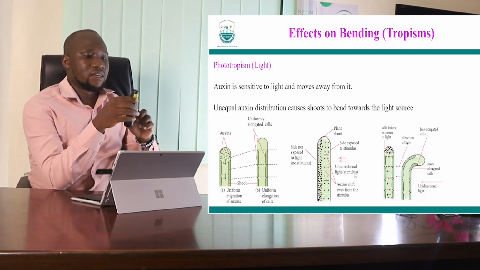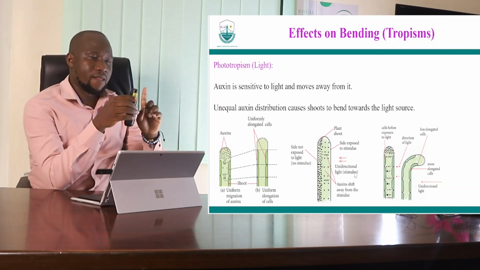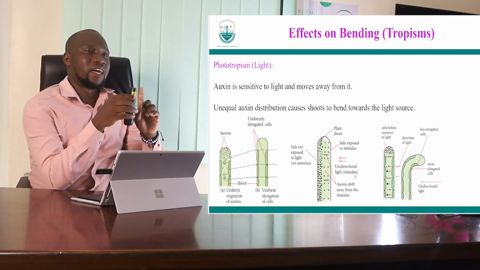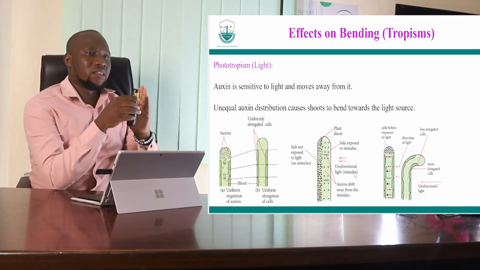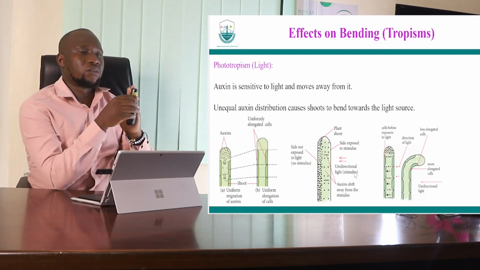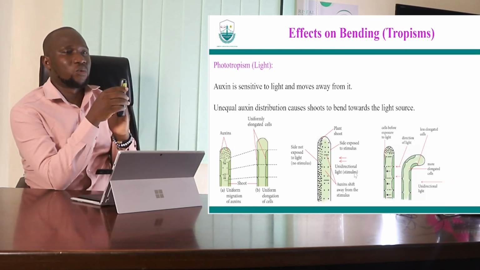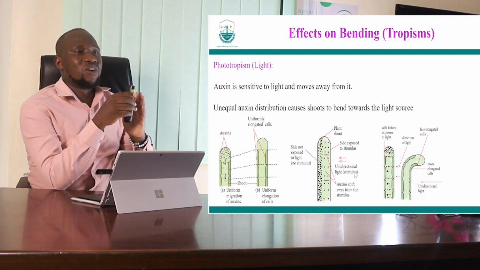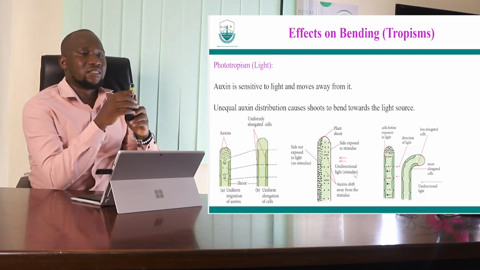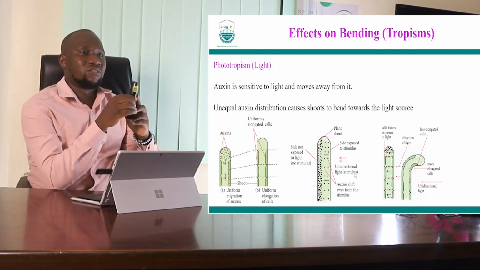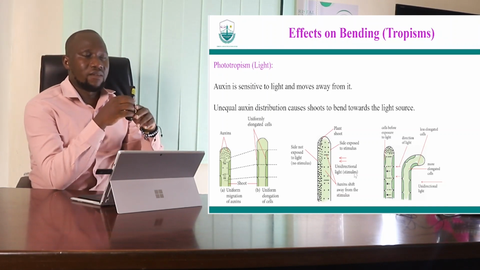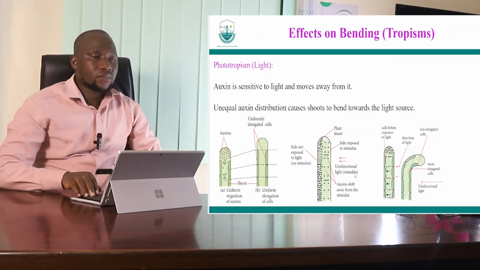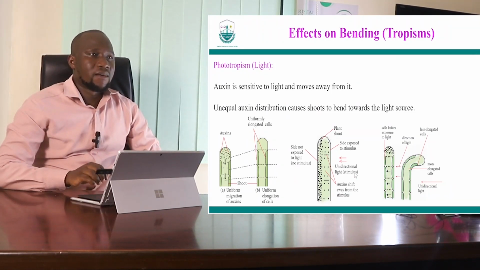Auxins move away from light, and when they move away, the side where they are more concentrated will grow faster, or the cells will elongate, causing more growth on that side than the other side, and therefore the shoot will bend towards the direction of the sunlight. So that is that there.